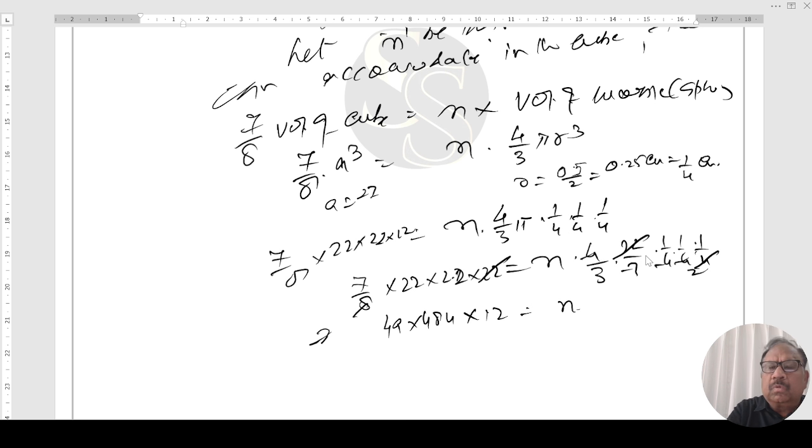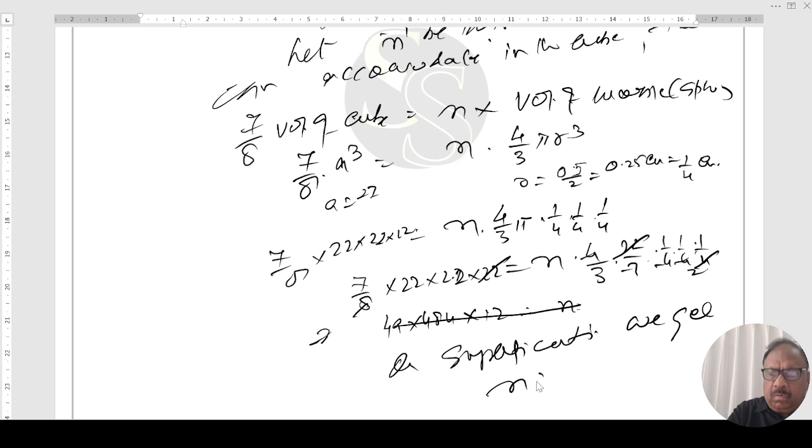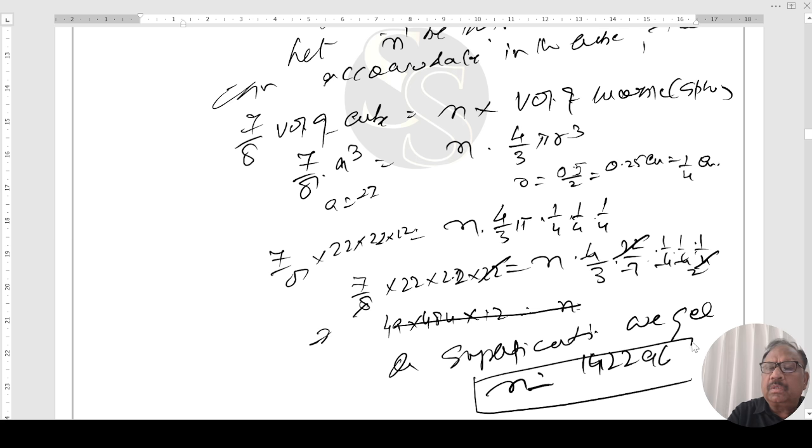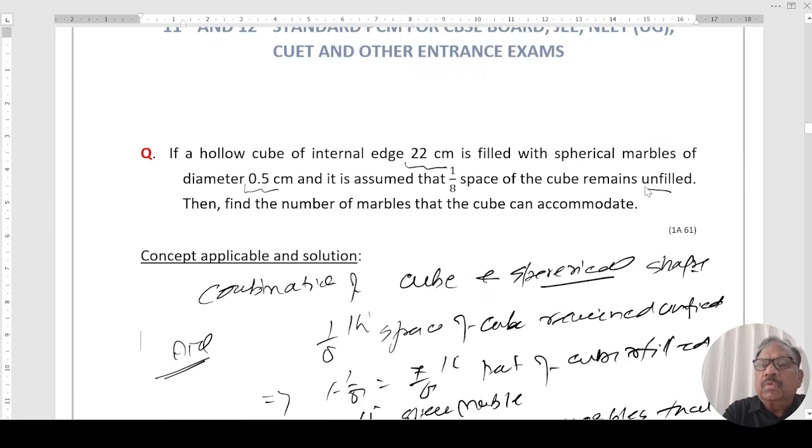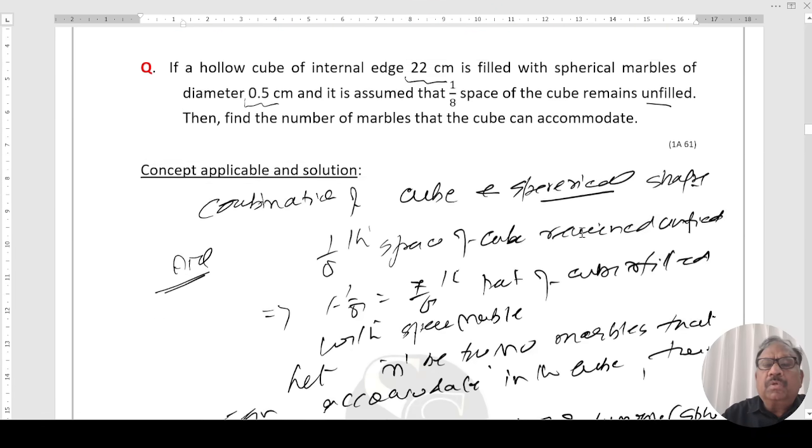So on simplification, we get n equal to 142,296. This many marbles can be accommodated in the cube if 1 by 8 of the cube remains unfilled, right? Next question.